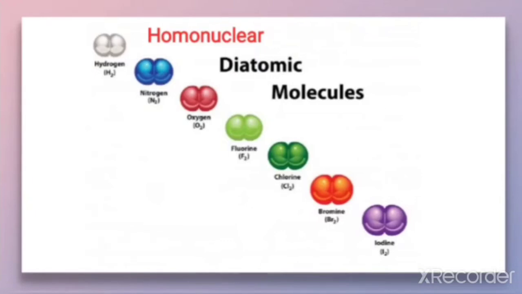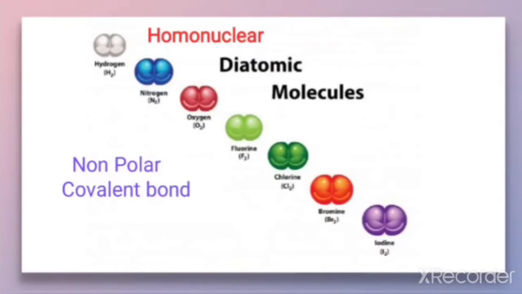Such a molecule does not exhibit any poles. That means such molecules have a non-polar covalent bond. Examples are hydrogen, nitrogen, oxygen, fluorine, chlorine, bromine, iodine.